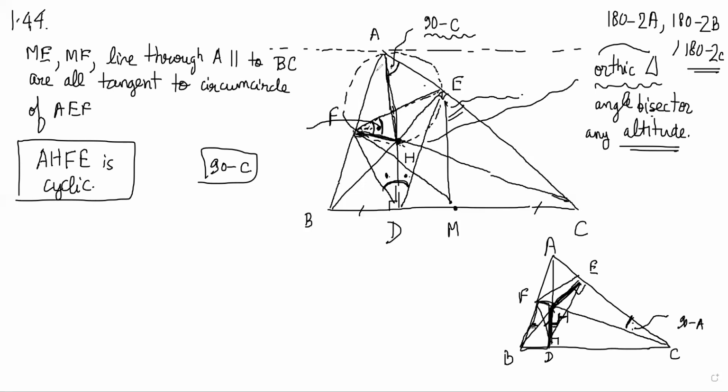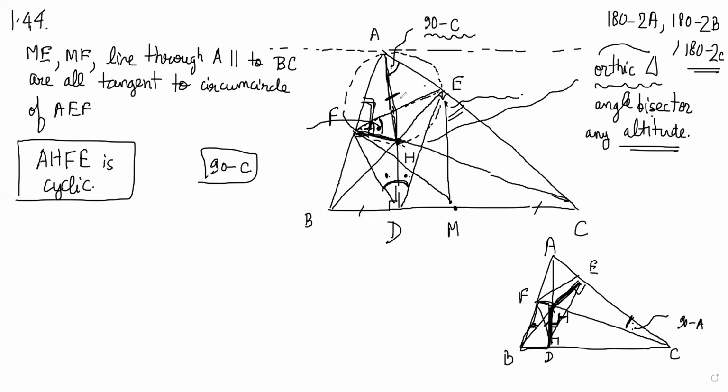Why? Because this angle is 90, right? AH is the diameter, this angle is 90, and the MF line. So the midpoint of AH is the center, right?